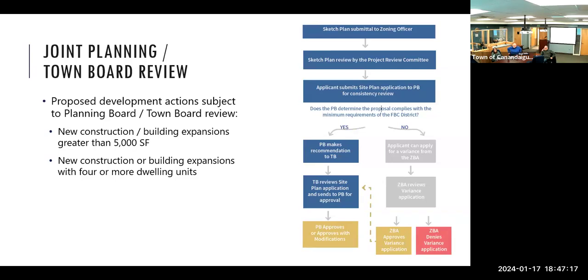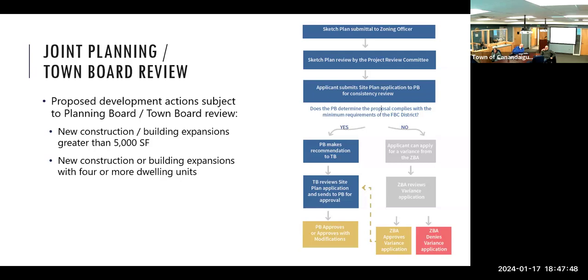So it's still starting with the sketch plan to the zoning officer, then going to the project review committee, then to the planning board more formally, and then, if the planning board says we're good with this, then you're making the recommendation to the town board. So the town board's reviewing and then sending back to the planning board.